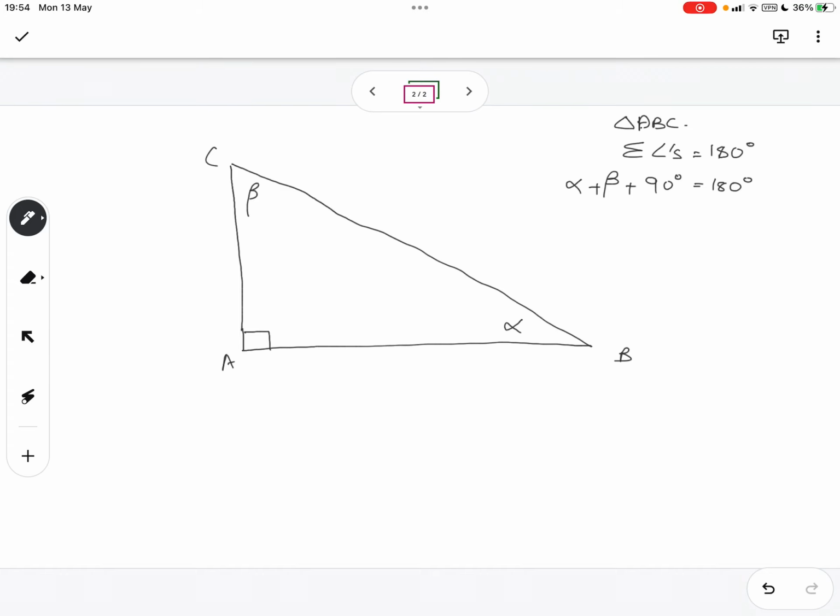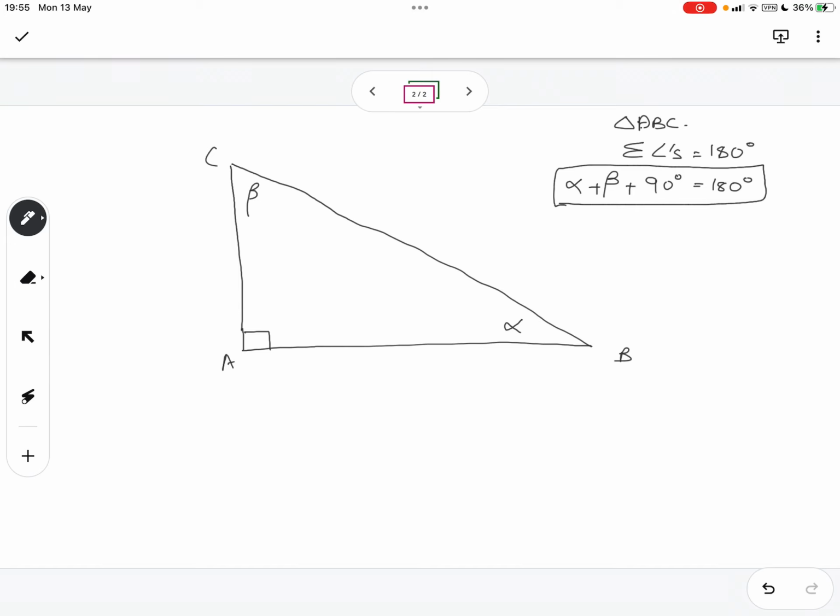And that's the basis of cofunctions sine and cos differing by 90 degrees when you visualize them differently from triangles. But we're going to get to that a bit later. Just the 90 degree difference. So if I want to express beta in terms of alpha, I will have to do some maths on this equation here.